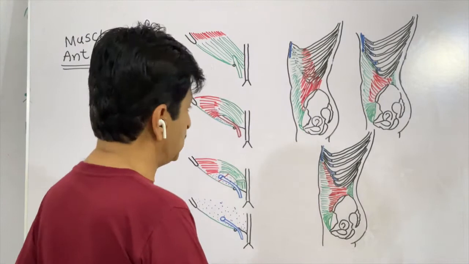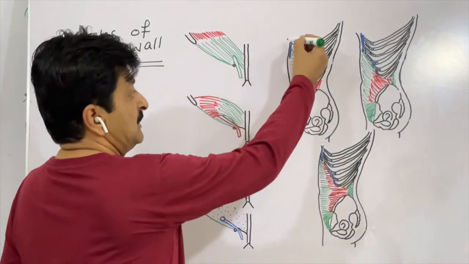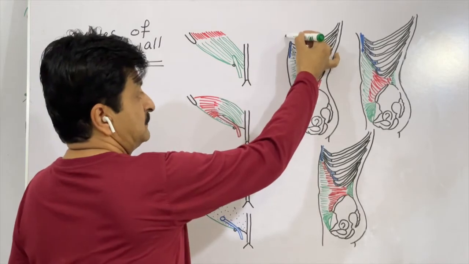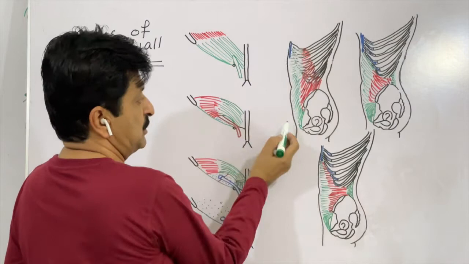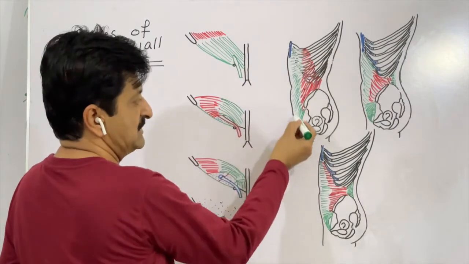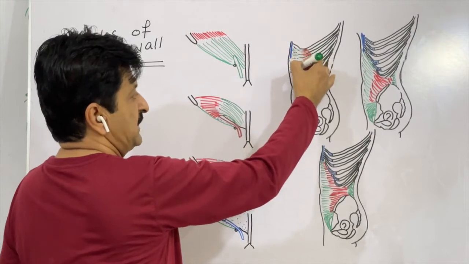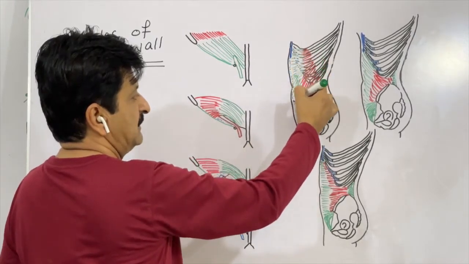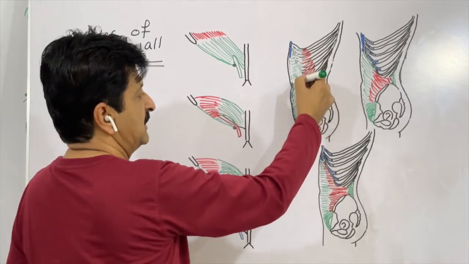See, this is the first muscle after you have removed the skin. If you have removed the skin, for example, this black color is the skin. The next layer that you are removing is the superficial fascia's fatty layer, which I'm giving this green color.